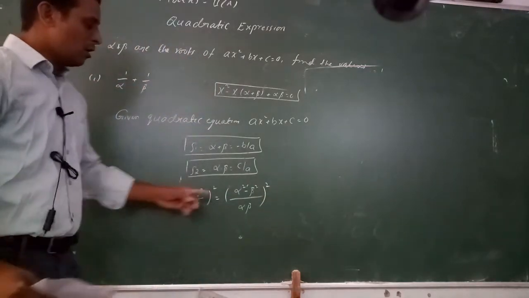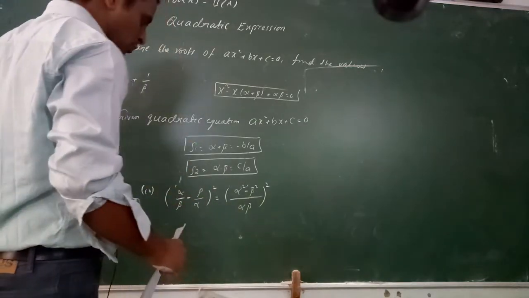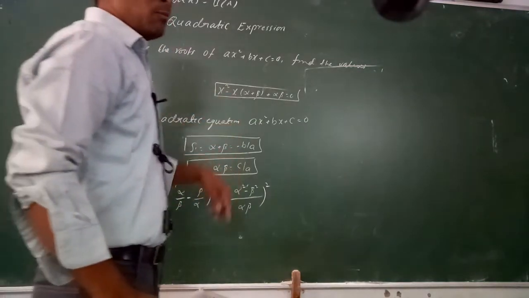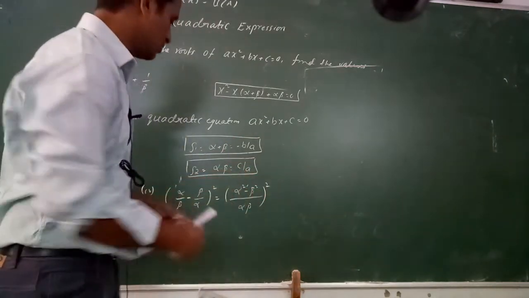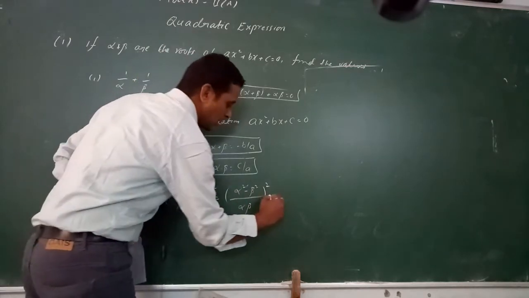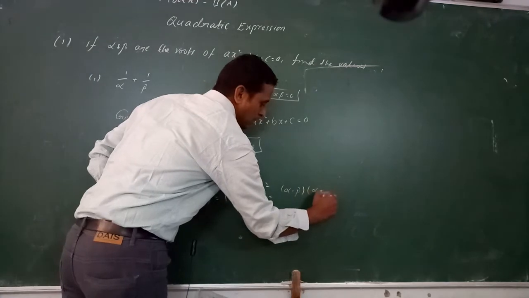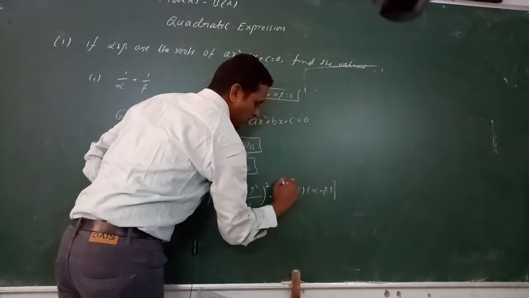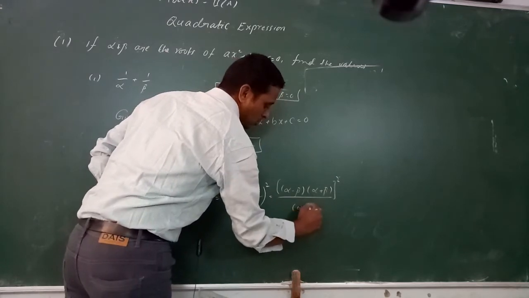Now here alpha square minus beta square formula, you know. First, a plus b whole square is equal to what? So how to write here? a square minus b square is equal to a minus b into a plus b, whole square by alpha beta whole square.